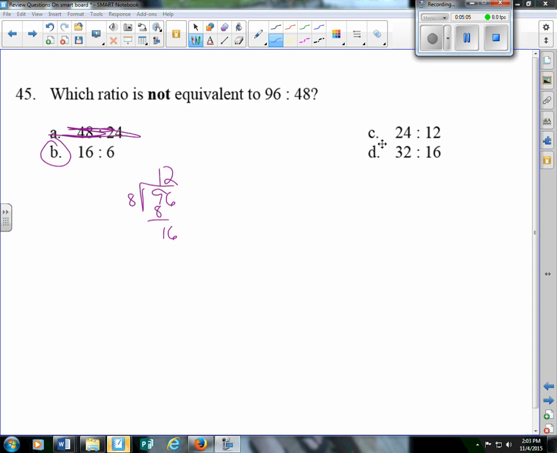So B does not work. 48 divided by 12 is 4. 4 times 12 is 96, so that one doesn't work. 48 divided by 3 is 16. 3 times 32 is 96. Therefore, B is the correct answer.